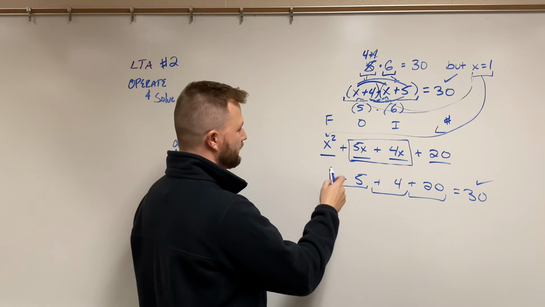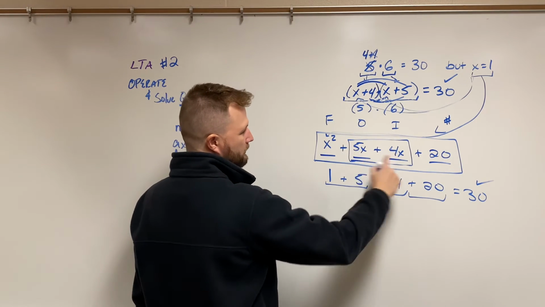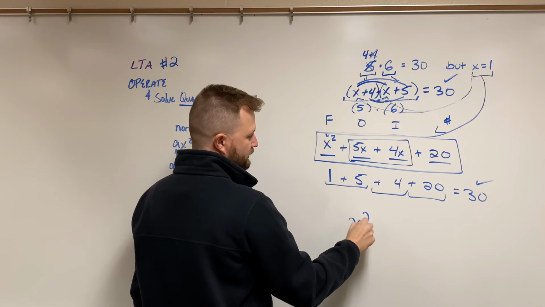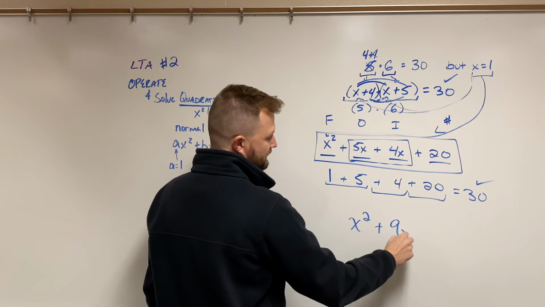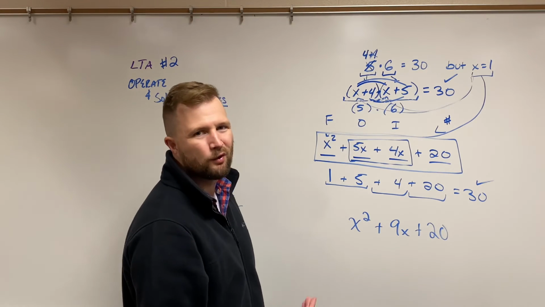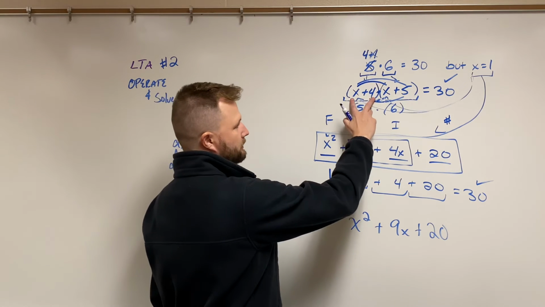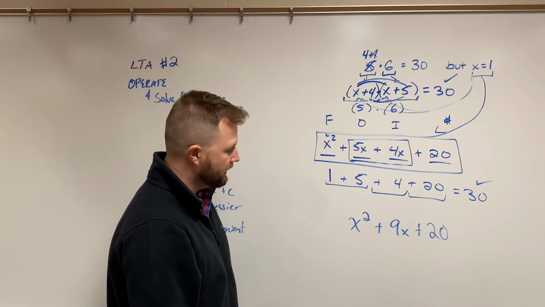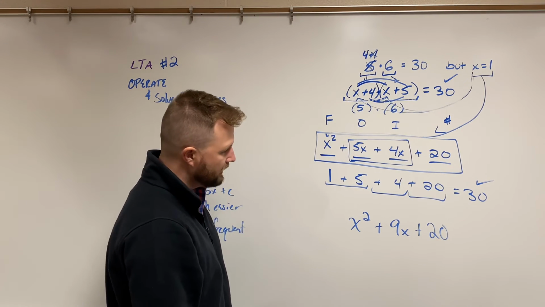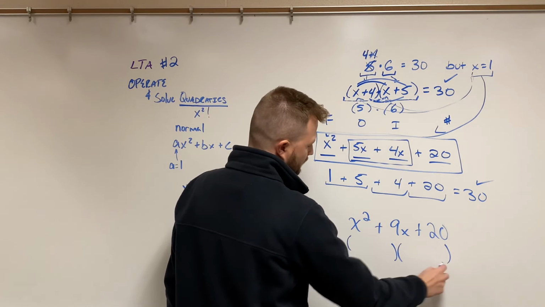So moral of the story is the simplified answer, I do have to combine those like terms. So it would be x squared plus 9x plus 20. That would be considered the normal answer there for simplifying x plus 4 times x plus 5. Okay, and then this is usually where people notice the patterns.